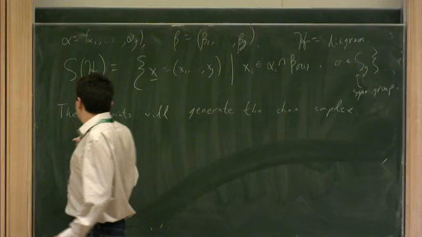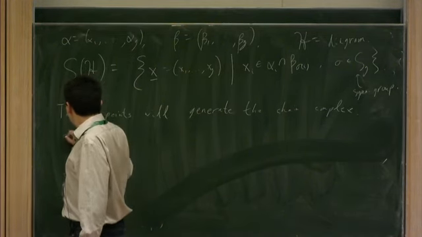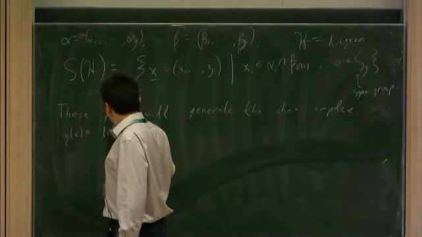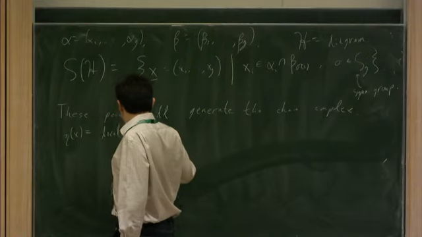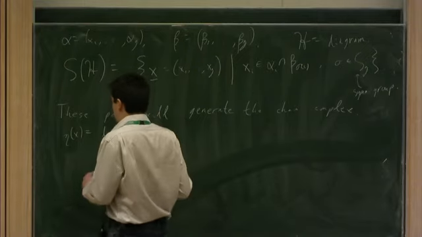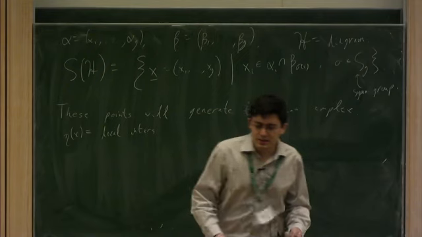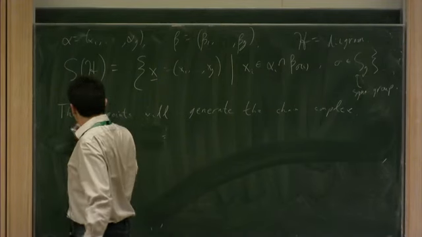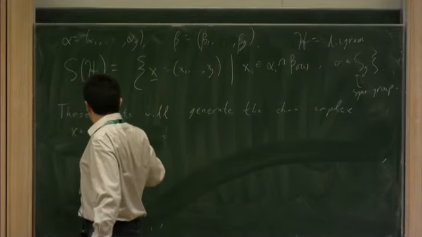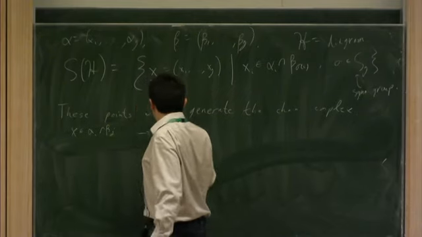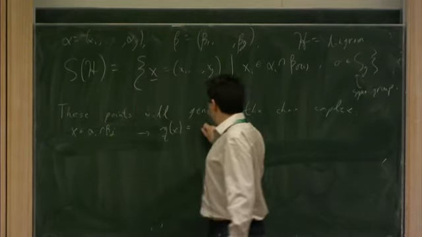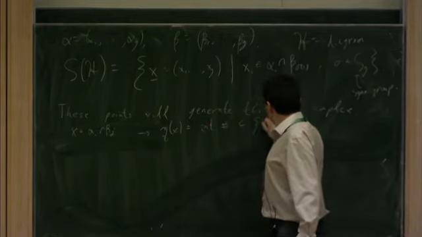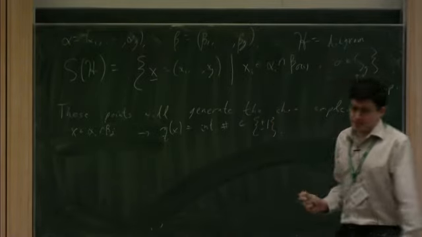And let's let eta of x be the local intersection number. For x in alpha_i intersect beta_j, let eta of x be the intersection number. It's just going to be plus or minus 1.